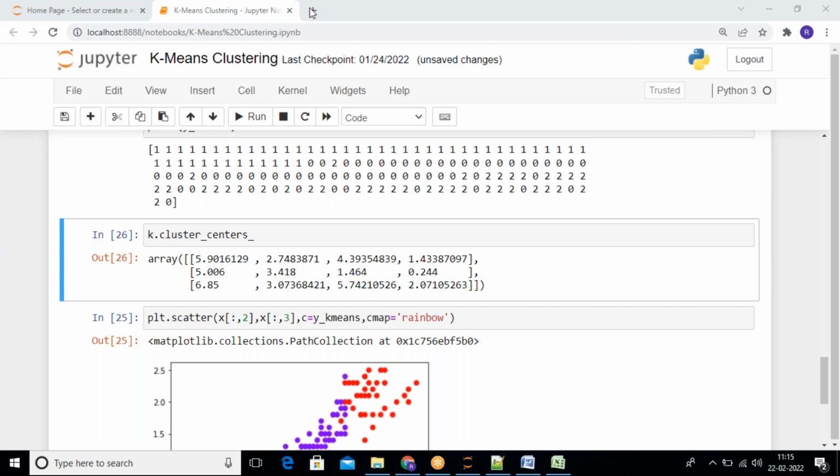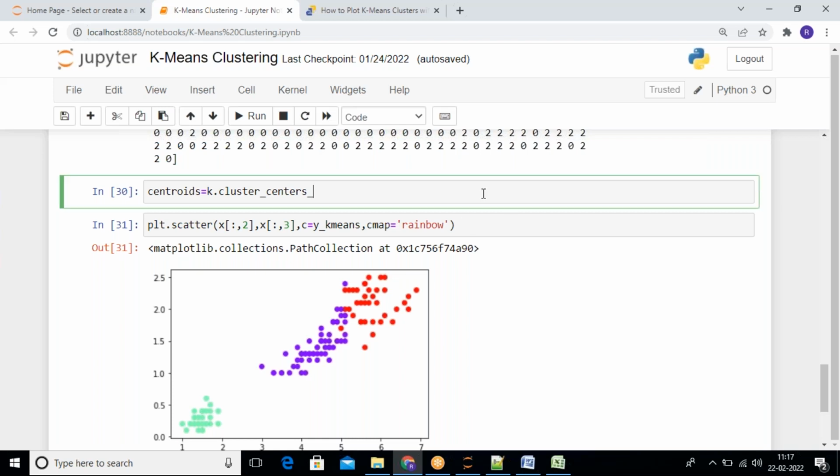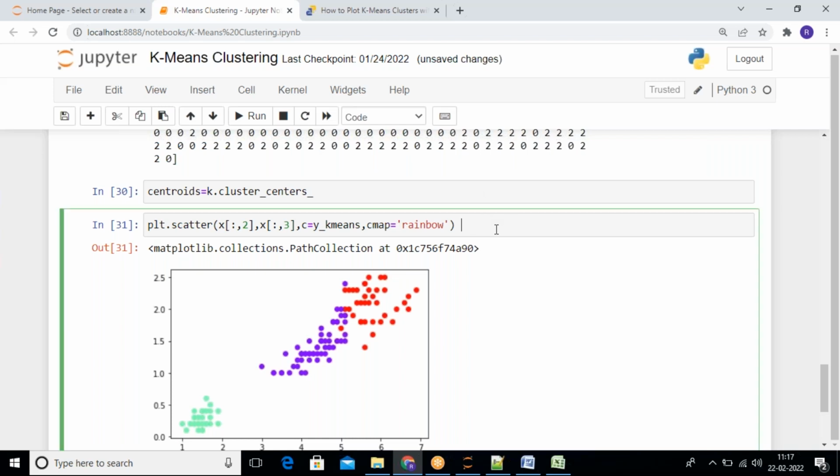Okay. Can I expect this graph output in the second half? It is very easy.